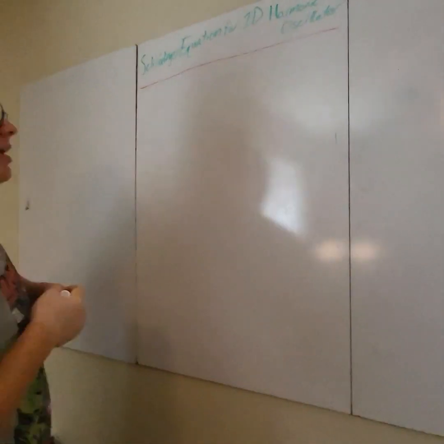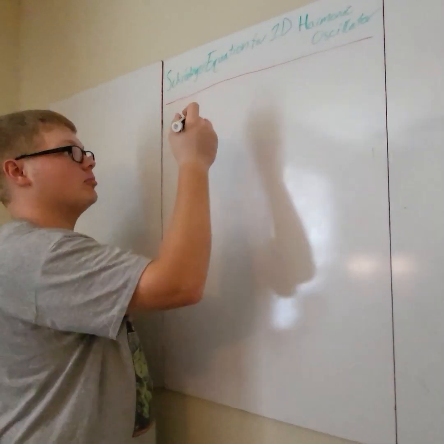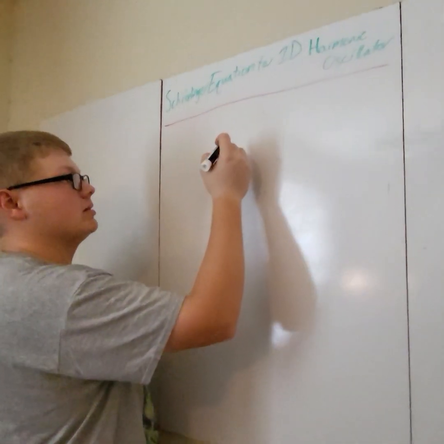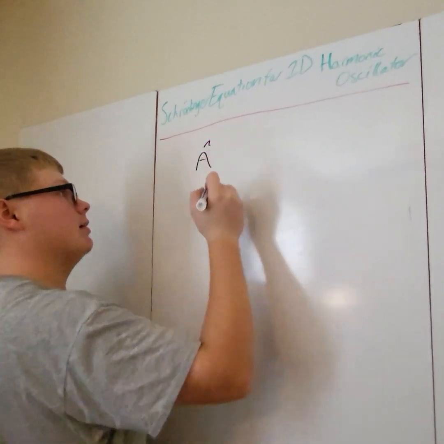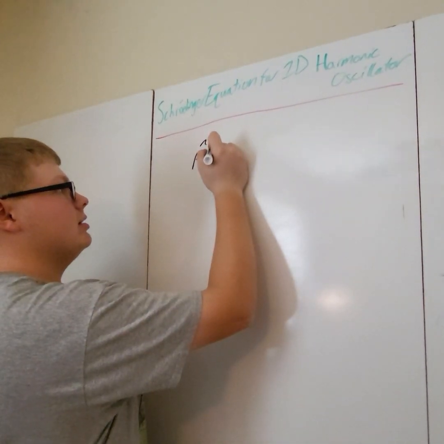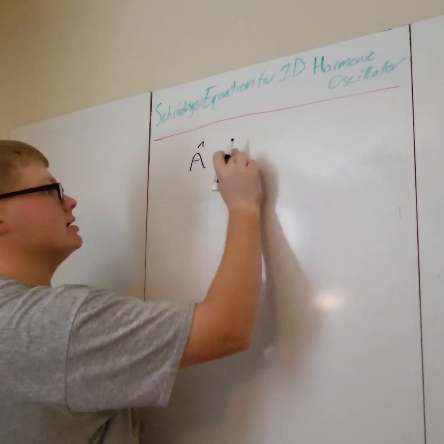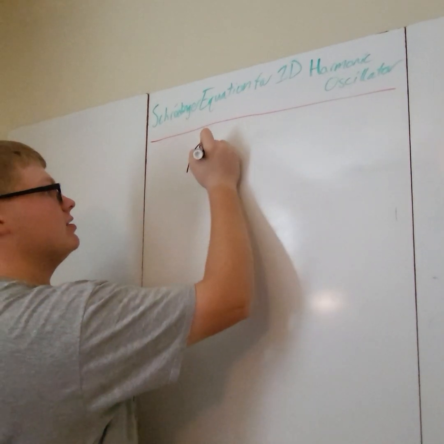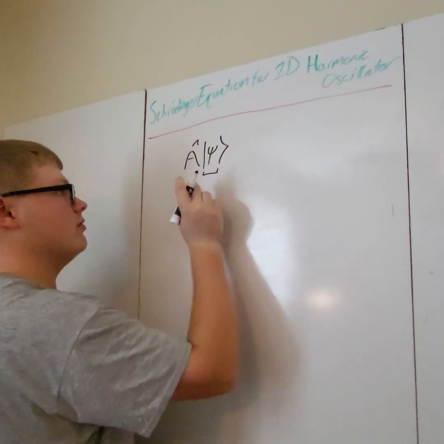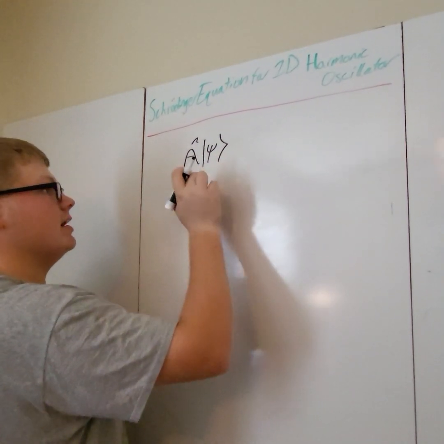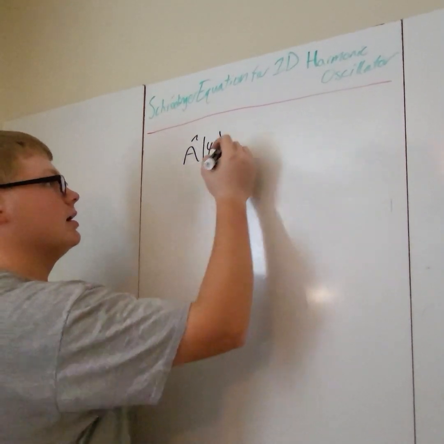The concept is that suppose we have some operator, we'll call it A hat, and it acts on a state, or a vector, or an eigenstate of the Hamiltonian.